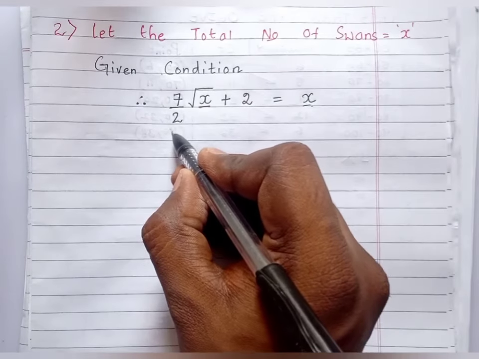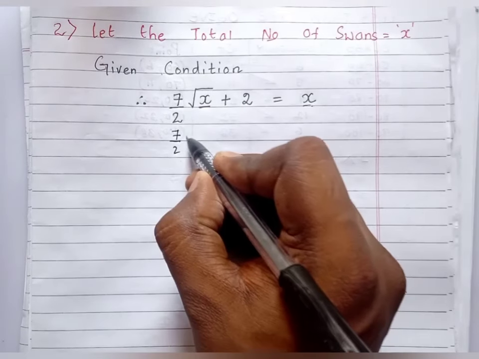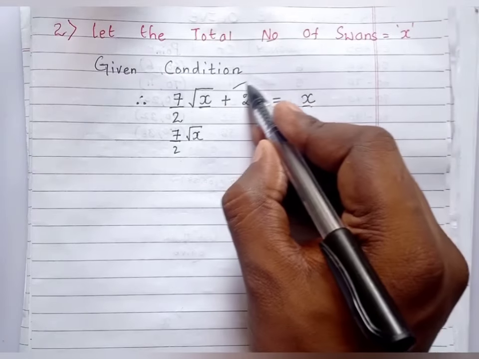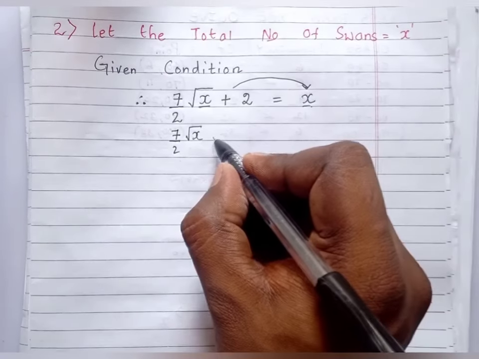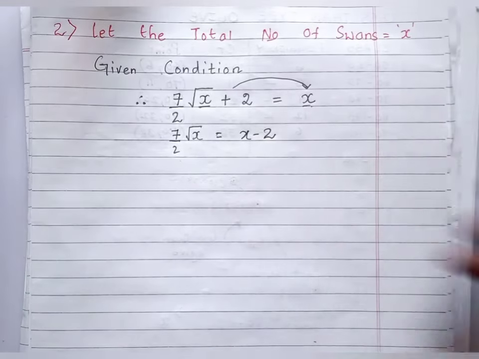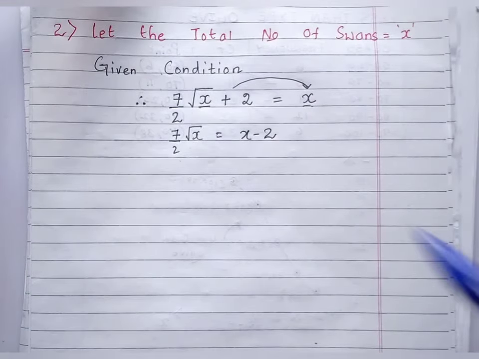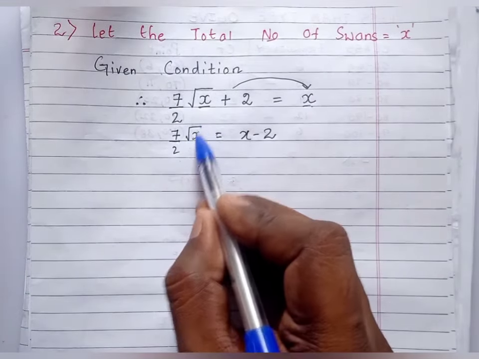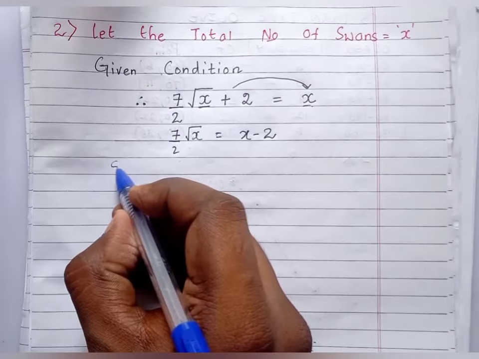In the water. So what I'll do, 7 by 2 root x, I'll shift this plus 2 to RHS, it becomes minus 2. So it becomes x minus 2. The square root is there. To remove that, I'll square on both the sides.